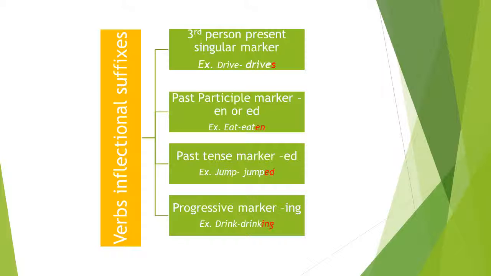So from the verb drink, you add at the end the ing suffix, and it becomes drinking. As you see, all of them change the tense of the verb, but don't change the category of the word.